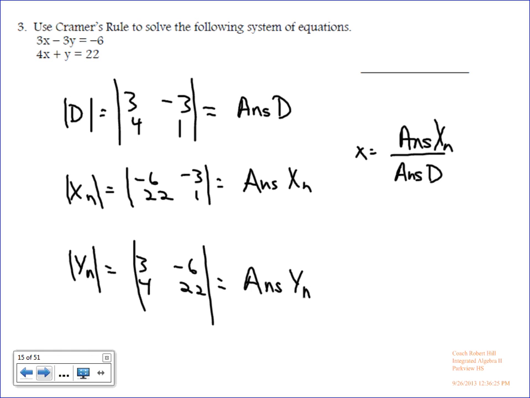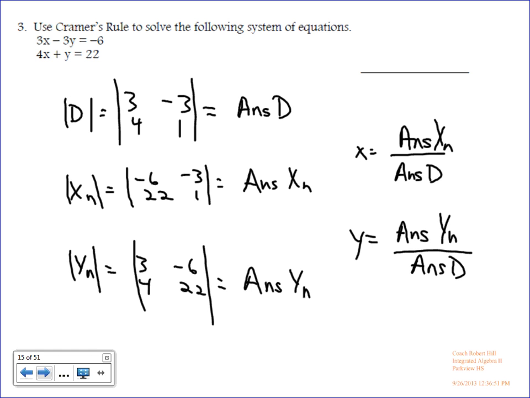Now, for those of you that are trying to check your work, too often, guys, y'all are using me as the method by which you check your work. Don't do that. Do it using your calculator and see if you get the right answer. Because if you did answer matrix for y numerator, answer matrix y denominator, I'll get the same answer.